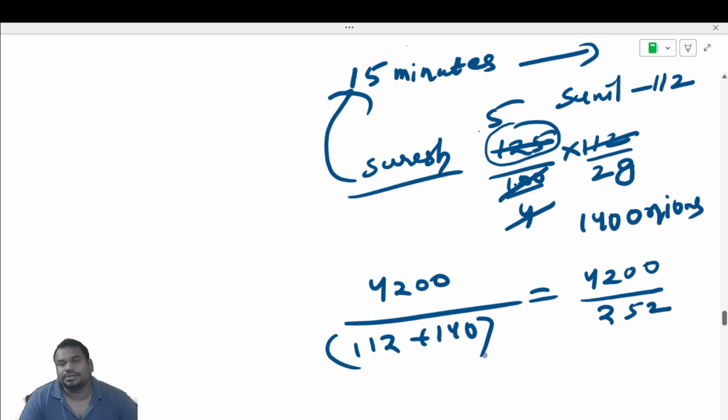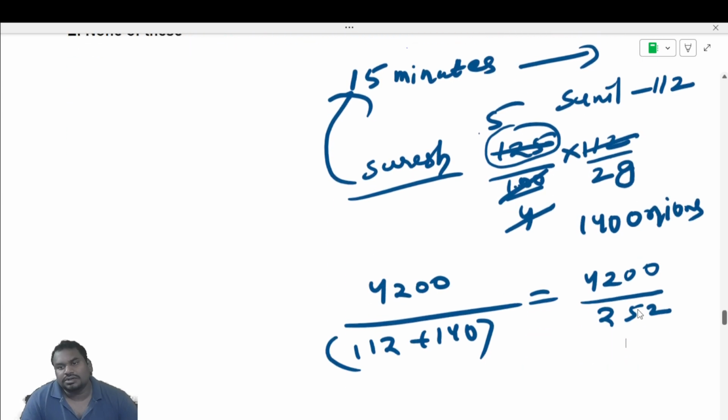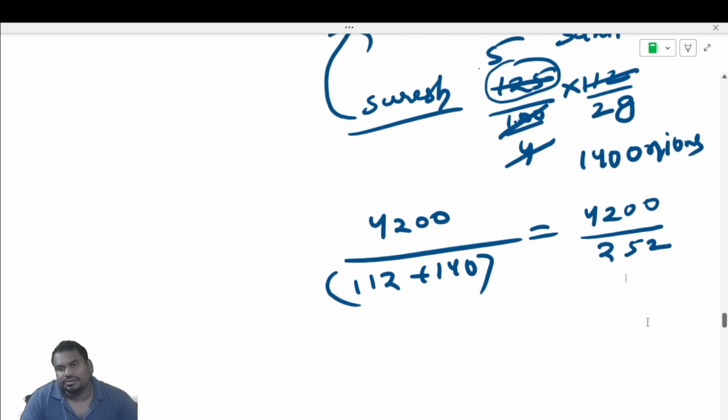So if you do the division, then you will get the number of 15 minutes, and then in how many hours they can complete the work. It will give you the number of combinations of 15 minutes.